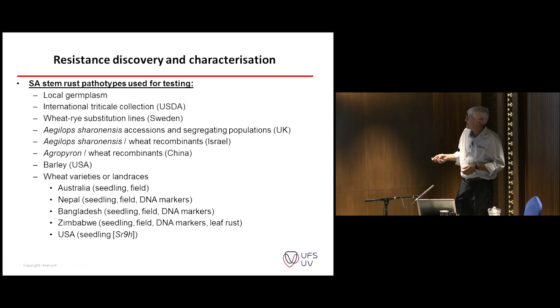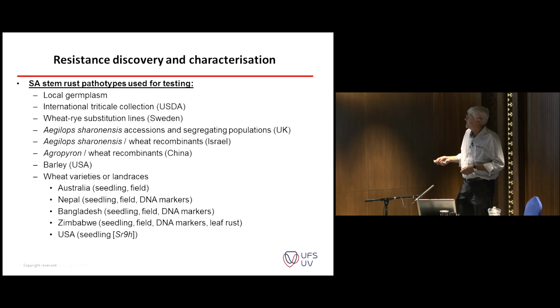I test our local germplasm, as I've mentioned. I tested an extensive triticale collection for the USDA at CDL. And that's been published against UG99, but also against our triticale attacking isolates. We have 3 isolates, highly virulent on triticale, and it's been quite informative to add that to the UG99 data.